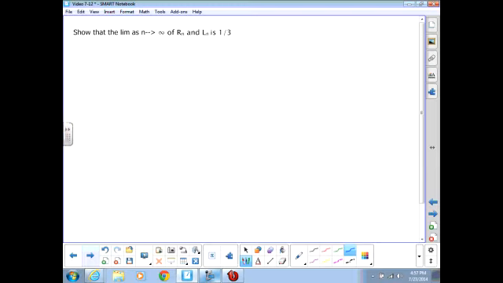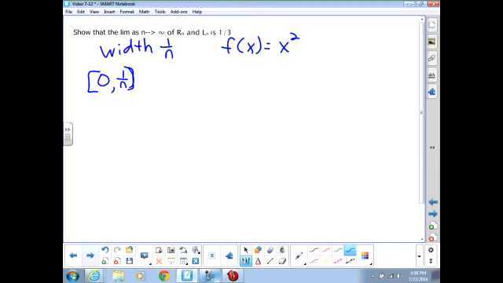So, for our right hand, we had said that the width of each rectangle was 1/n. Our function we said we're working with was x squared. So our intervals for rectangles, the first one goes from 0 to 1/n. It doesn't matter if you use square brackets or rounded brackets; I'm just using them to show the intervals.